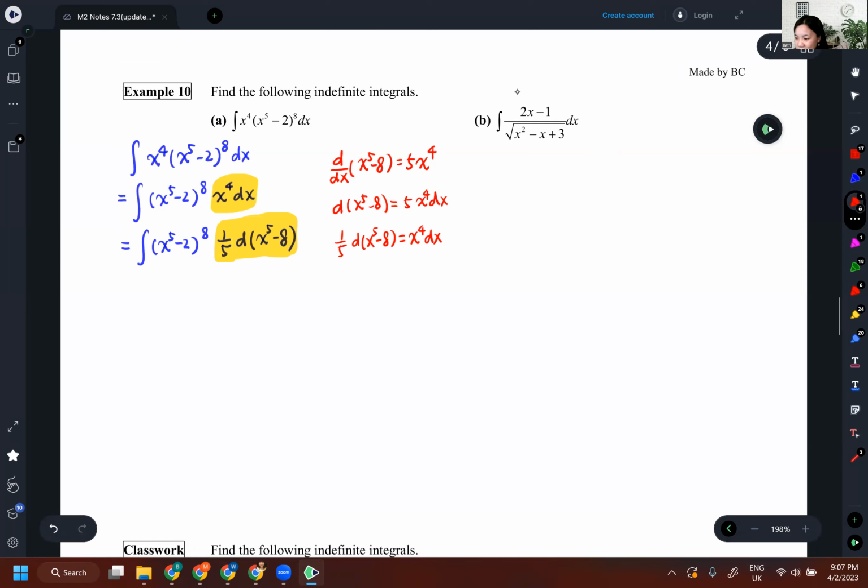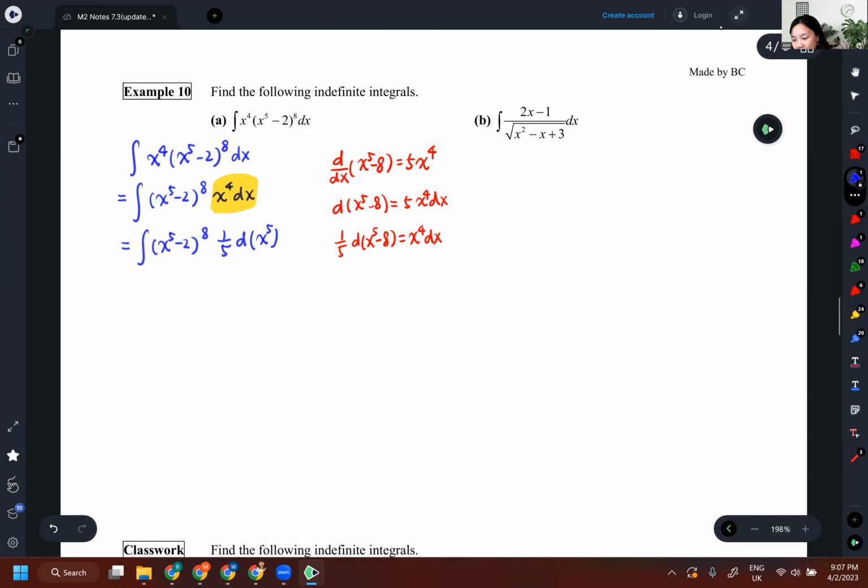I think maybe this is easy. Sorry. Maybe it's easier this way. Maybe I don't do the minus 8 part. Maybe I just do this part. I think it's easier this way.